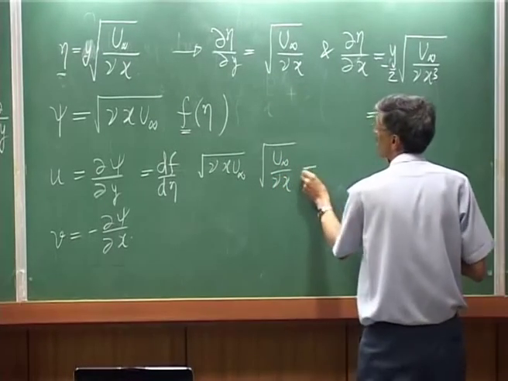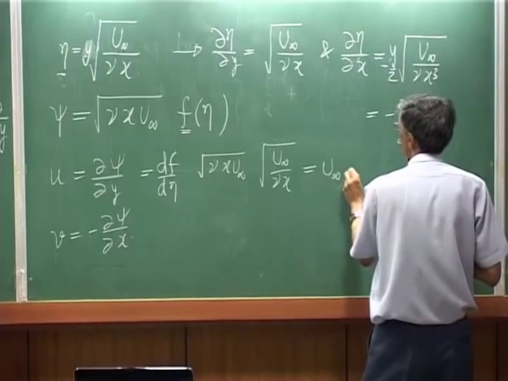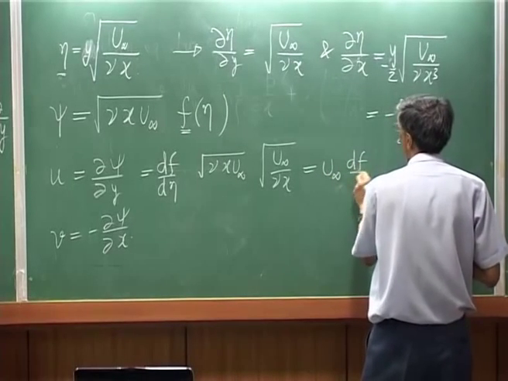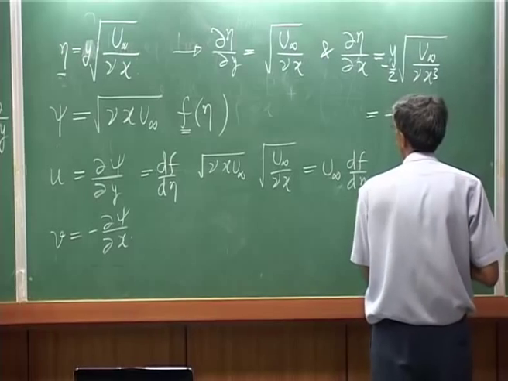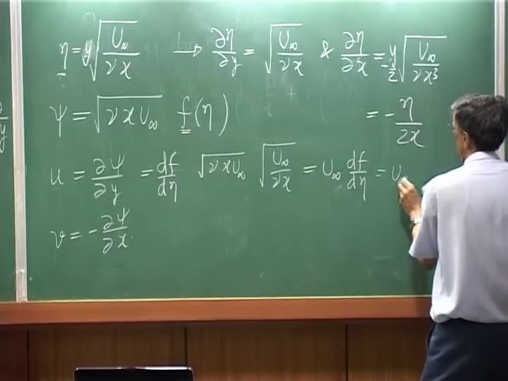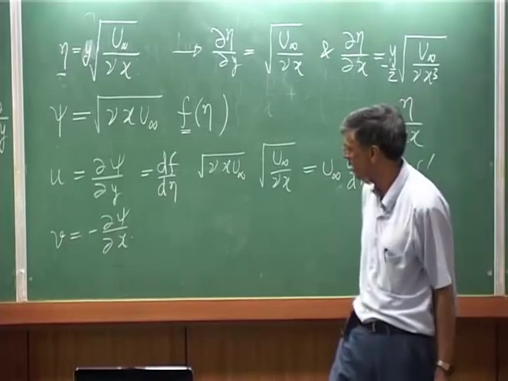So, this basically gives me u infinity df d eta, or I could just simply write it with a prime, conserves space. Okay.